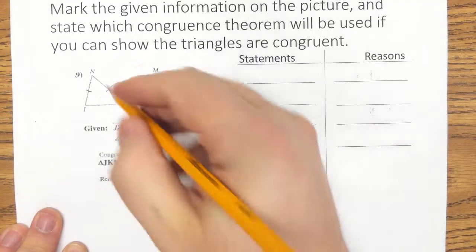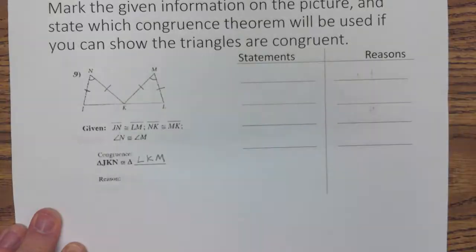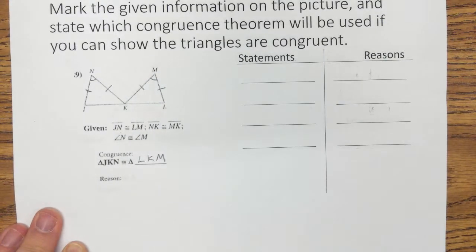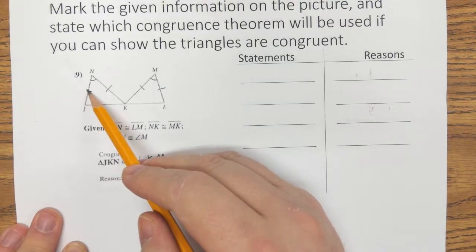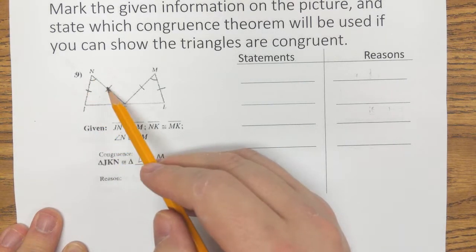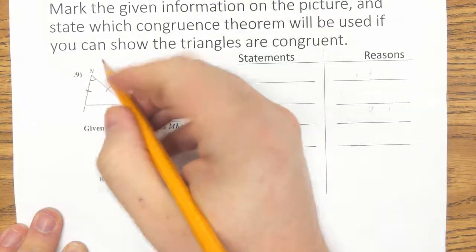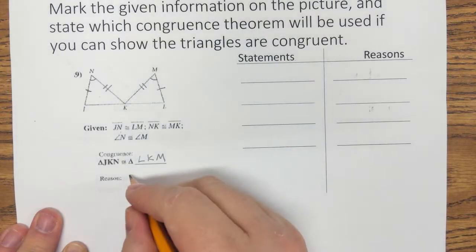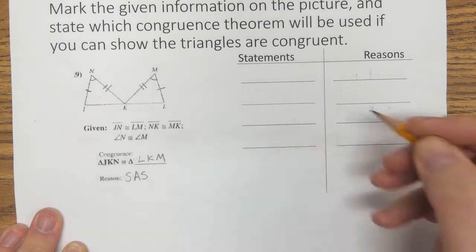And it gives us that angle N is congruent to angle M. Okay. Well, look here. We've got a side, an angle, and a side on both of these that are corresponding to one another. So that means that the triangles are congruent by side, angle, side.